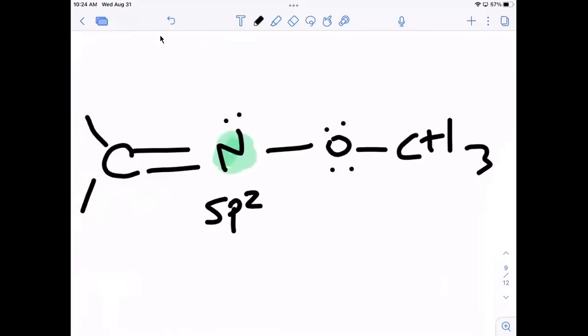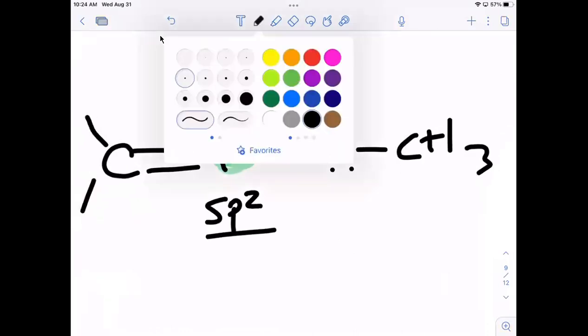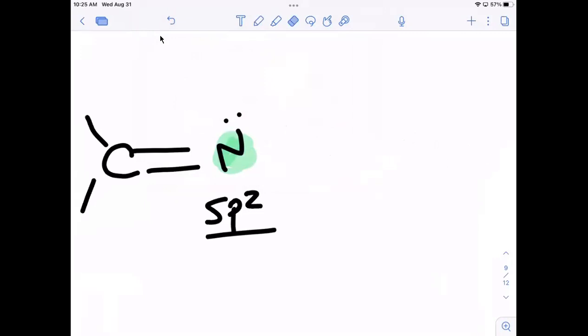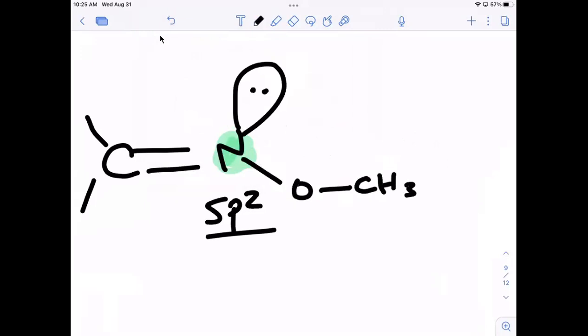Good. sp2, you're right. Remember that lone pair. Actually, I'm gonna draw this differently because you'll be able to see the geometry. The lone pair is actually in an orbital, so it's kind of out here. And then the oxygen is here. So you're right, that nitrogen is sp2.